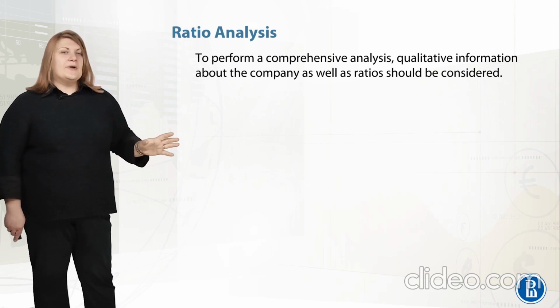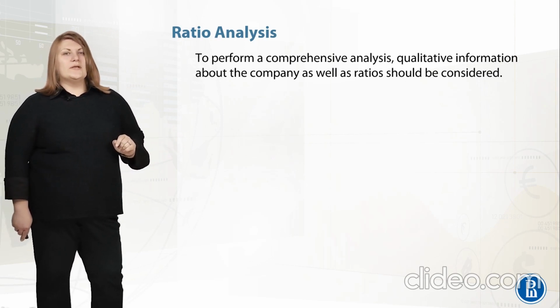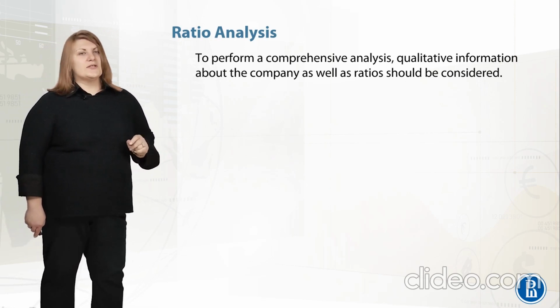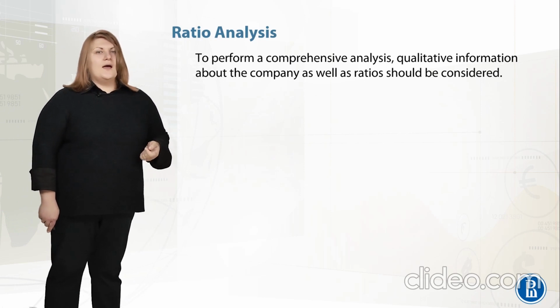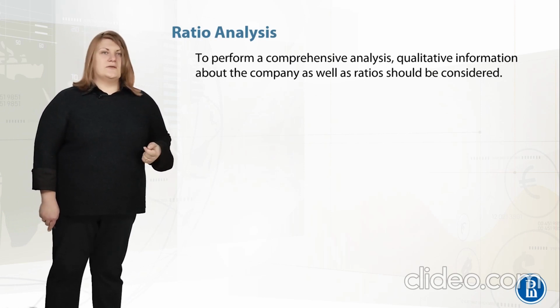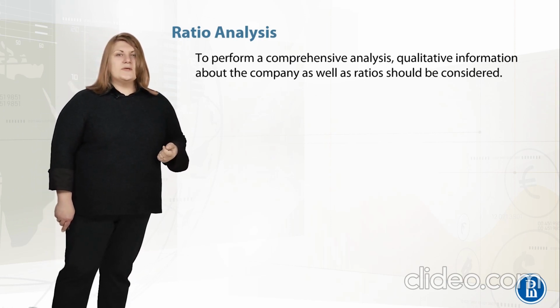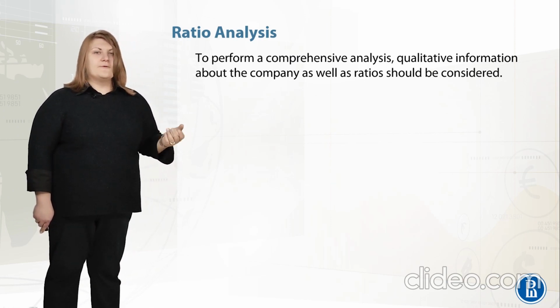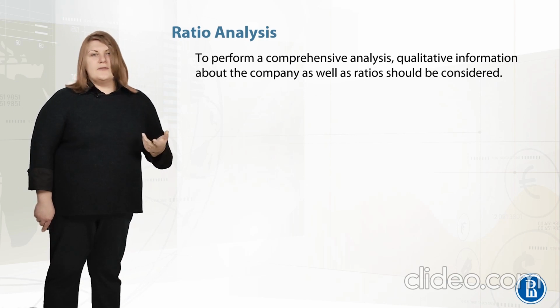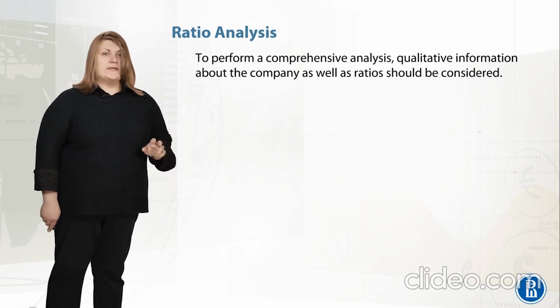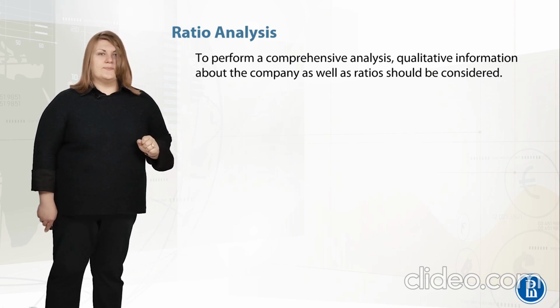To perform a comprehensive analysis, we will use qualitative information about the company and we will consider it in the ratios. For example, one business may have a completely different product mix than another company, even though both operate in the same broad industry.